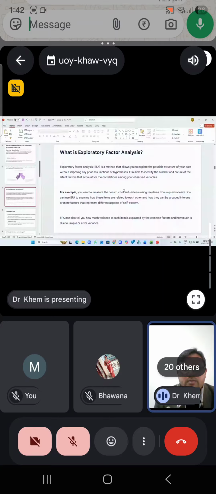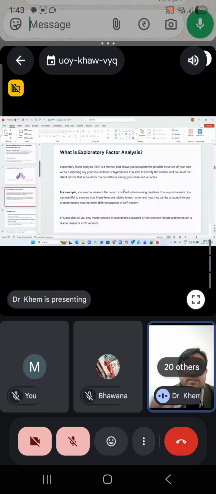And why are we creating this assumption? Because the review of literature is talking about this, and we have to prove statistically whether what is hypothesized by us, what is assumed by us, is true or false.